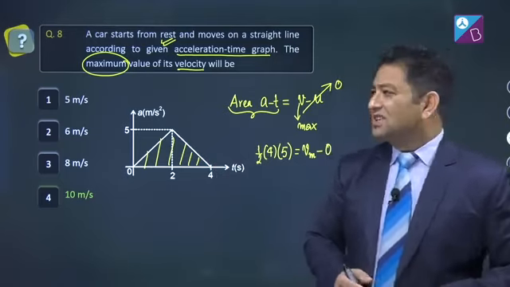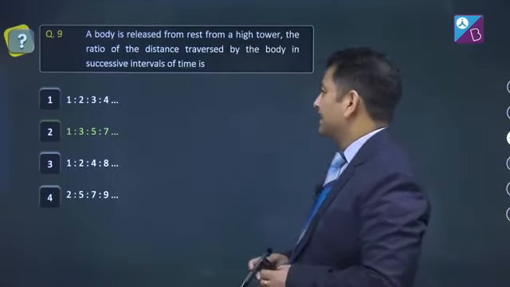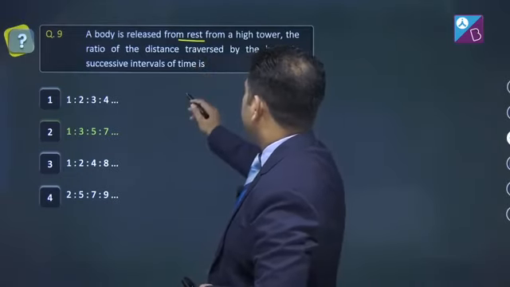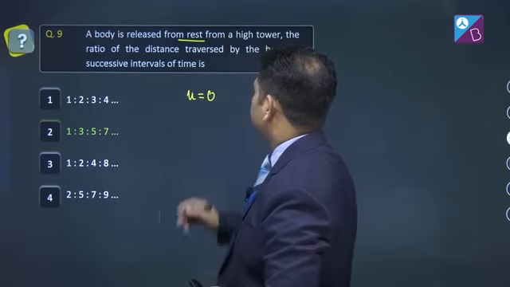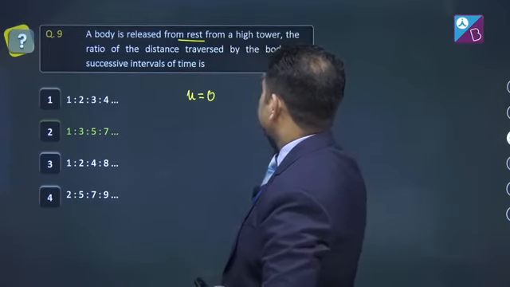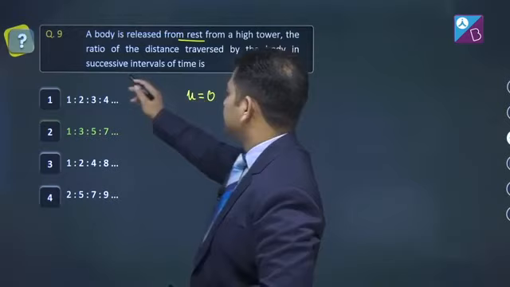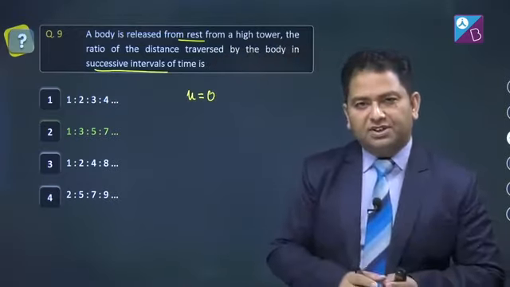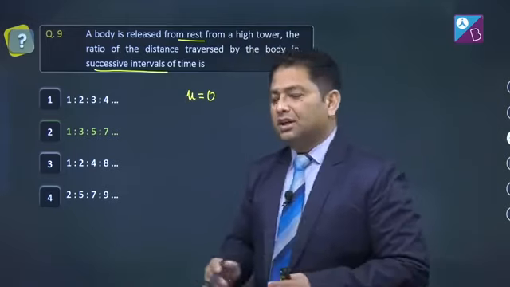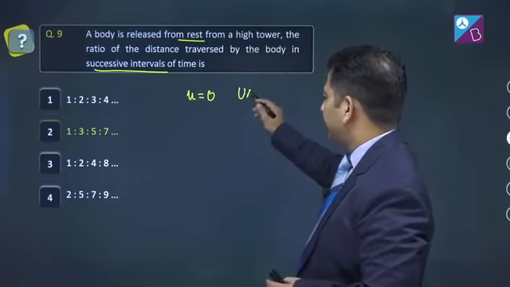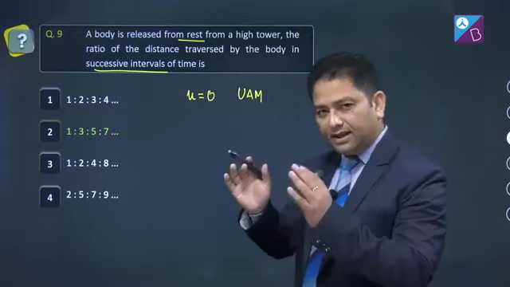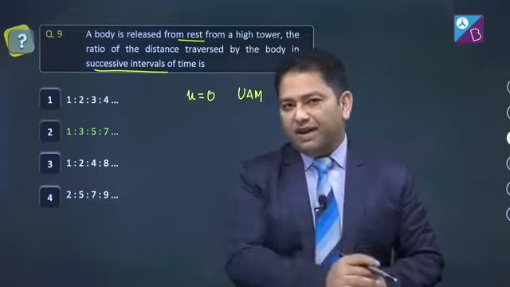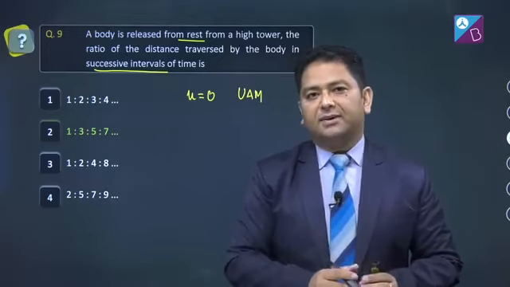All right, let's go to the next one. Question number 9. Kya kehta hai? A body is released from rest, yaani initial speed 0. The ratio of distance traversed by the body in successive interval of time. This is a straightforward fact-based question ki agar motion uniformly accelerated hai, jo ki hamare case mein it is, because the acceleration present is acceleration due to gravity and that is constant.